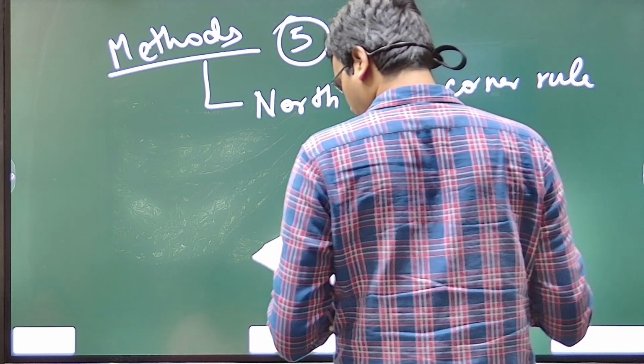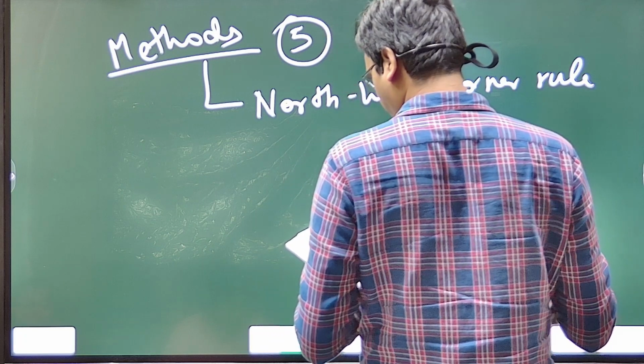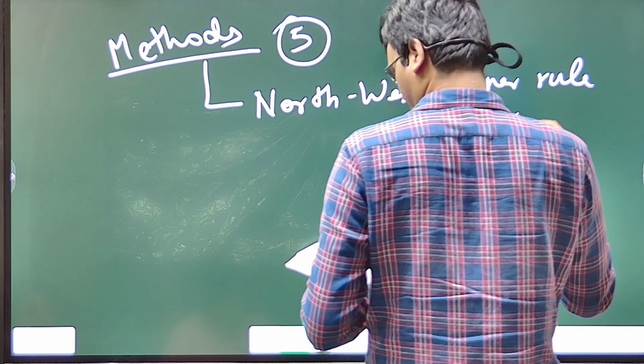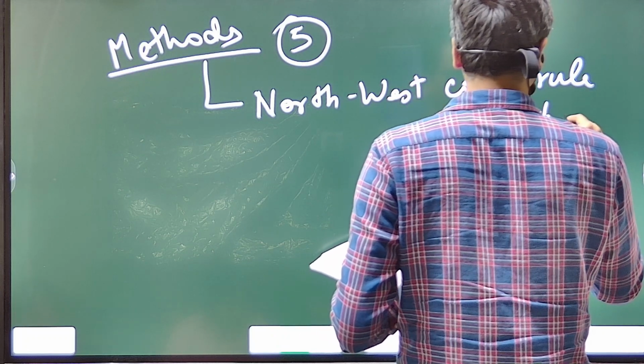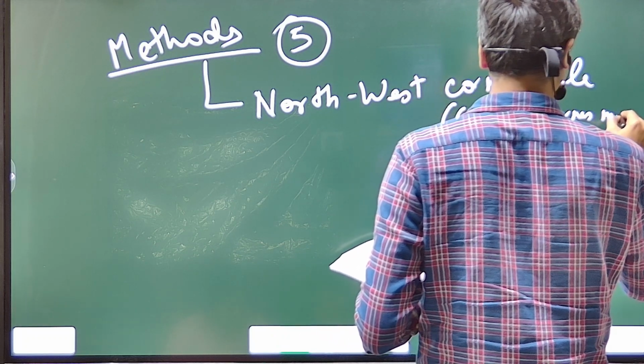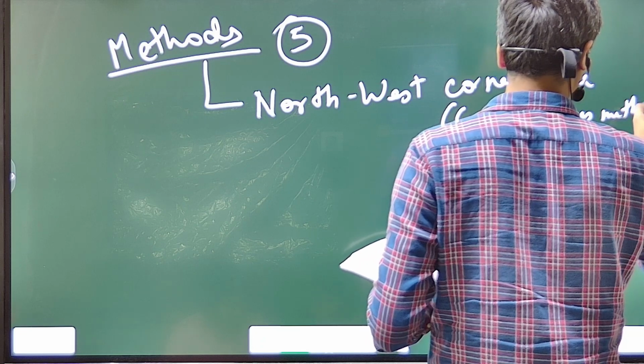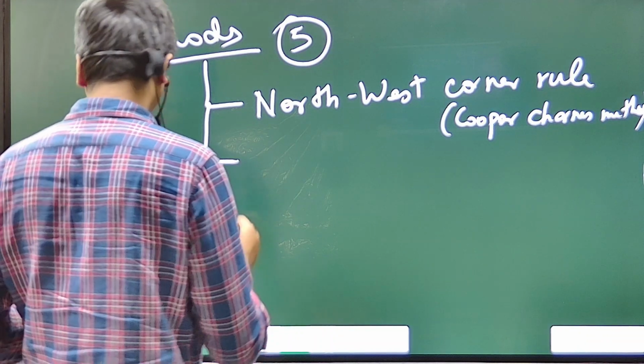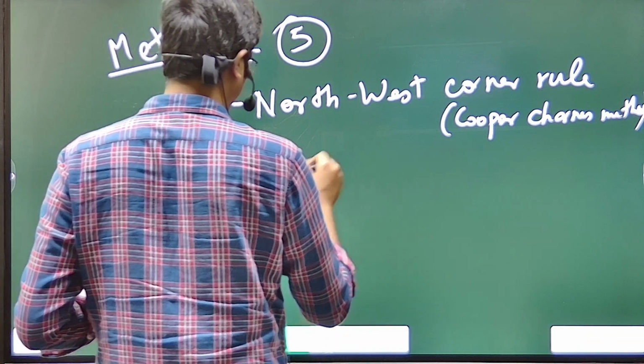This is also called the Cooper-Chance method. Next method is the minimum row method.